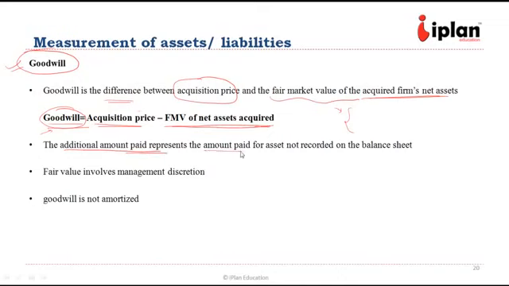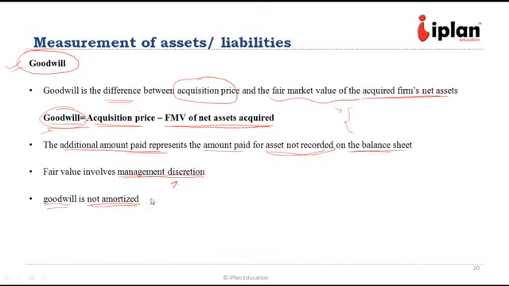So the additional amount which has been paid represents the amount paid for the asset which is not recorded on the balance sheet, which is categorized as goodwill. As we have seen, it involves management discretion. Since the management is paying much more than the net fair value of the assets, that depends on the synergy or increased future cash flows which are expected by the management.